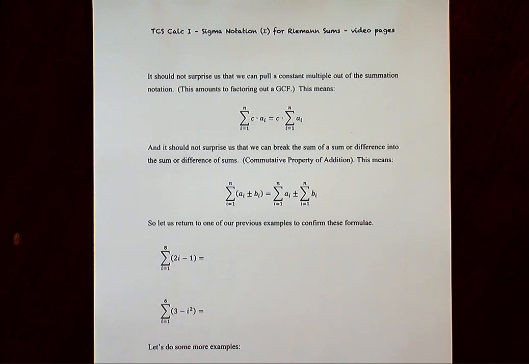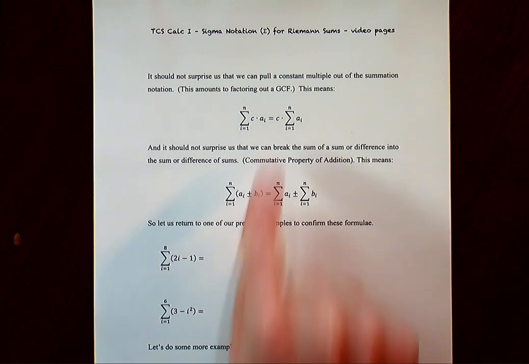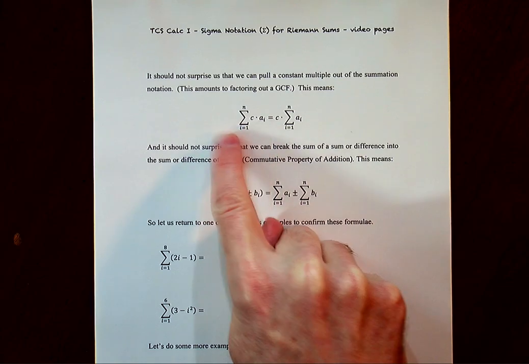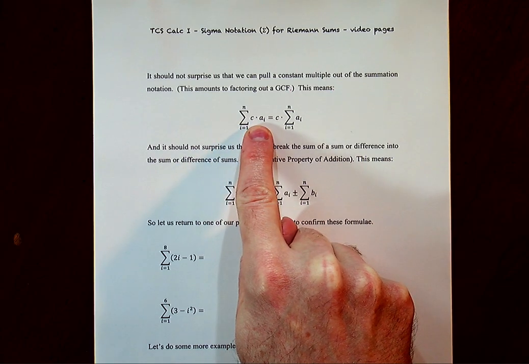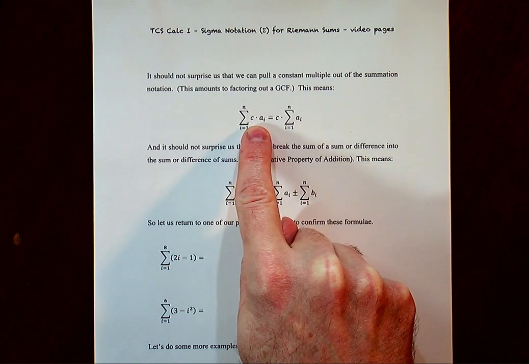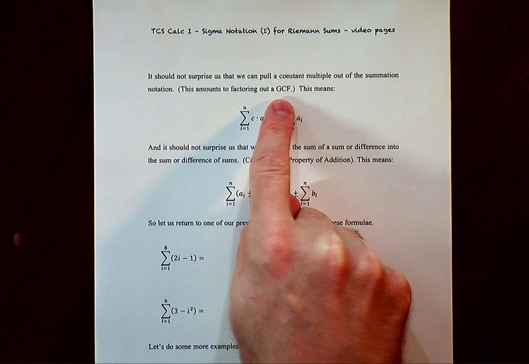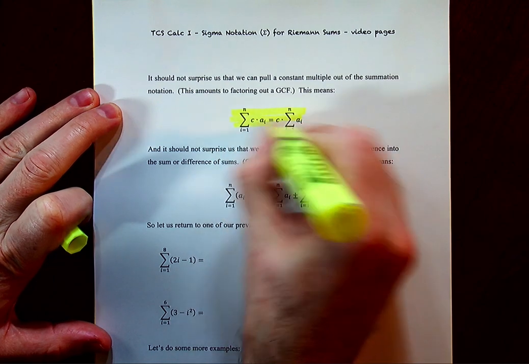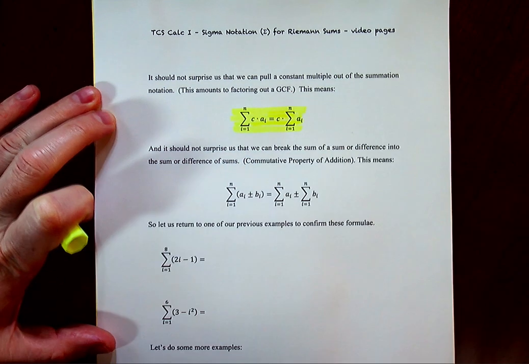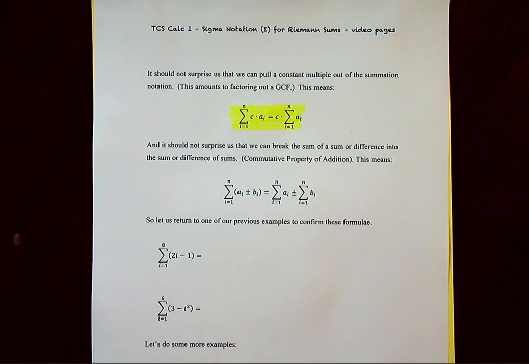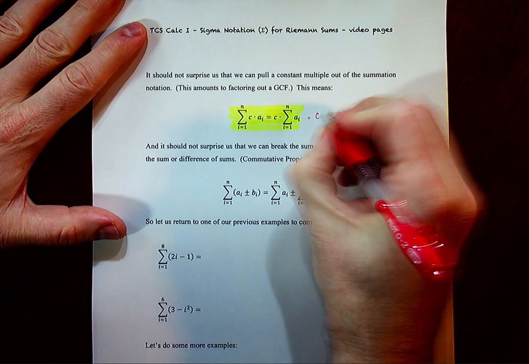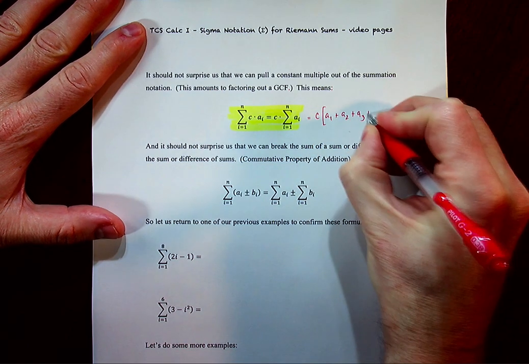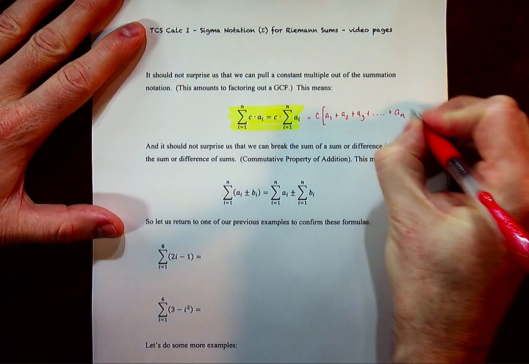Just like limits and just like derivatives, the coefficient can come along for the ride, meaning that you can pull it out. And when you pull it out and it fails to be a piece of the argument of the sigma notation, what that amounts to is a GCF, okay? But you need to recognize the fact that you can pull it out, because if you were to list all of this out, this would wind up being C times a sub 1 plus a sub 2 plus a sub 3 plus dot dot dot all the way to a sub n.